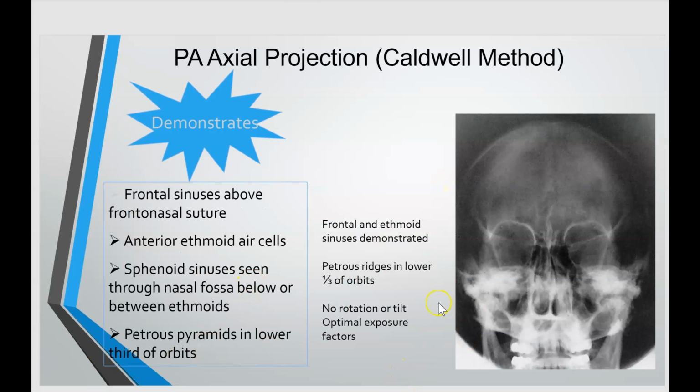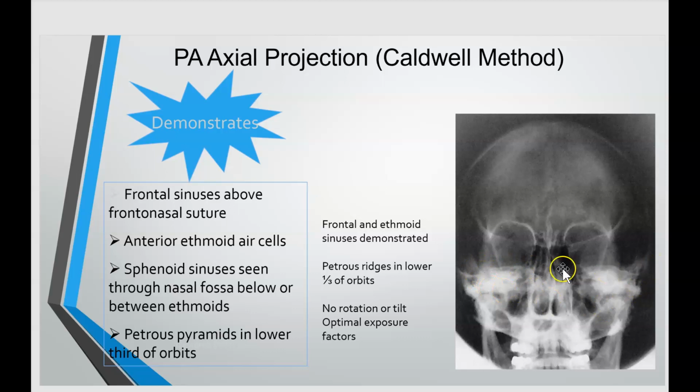Okay, and what this picture is going to demonstrate is your anterior ethmoid air cells and your frontal sinuses, though you can barely see them on this patient. Your sphenoid sinuses are going to be seen through your nasal fossa. They're below the ethmoids. Your petrous pyramids are going to be in the lower third of your orbit, and you can see them here.